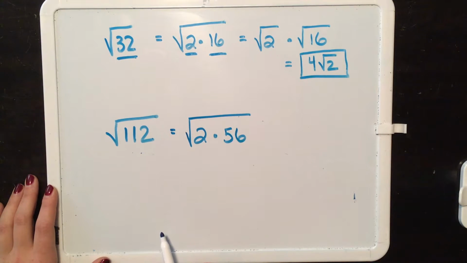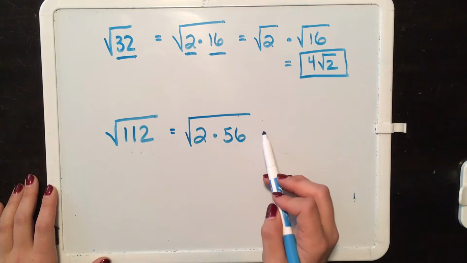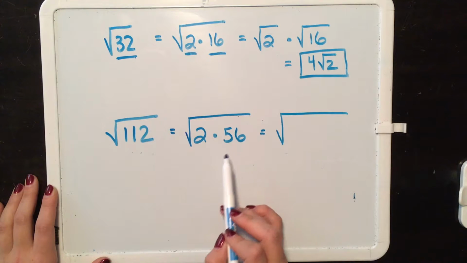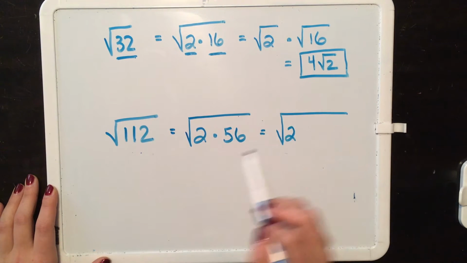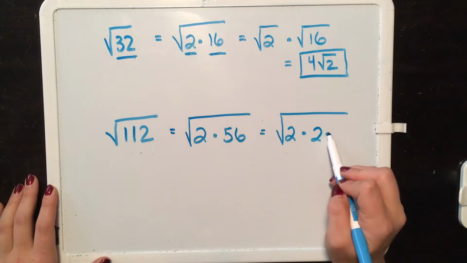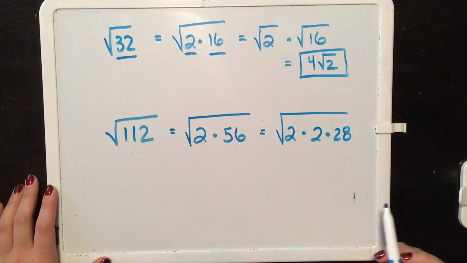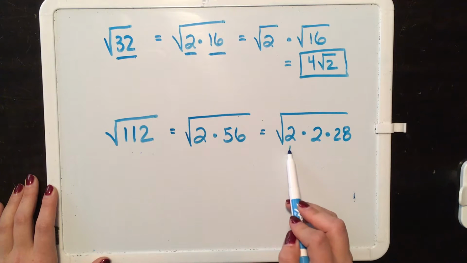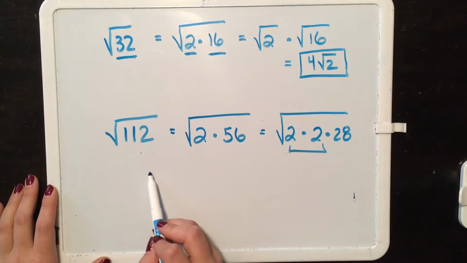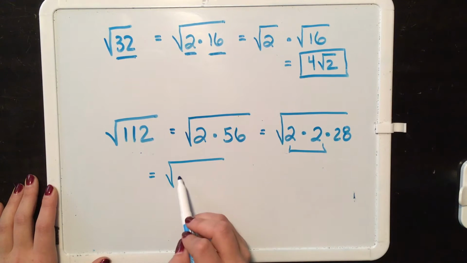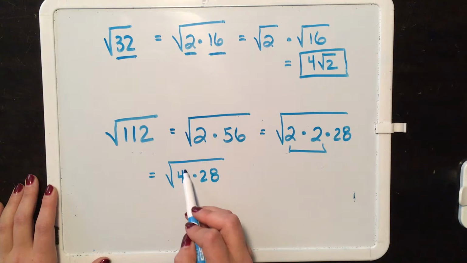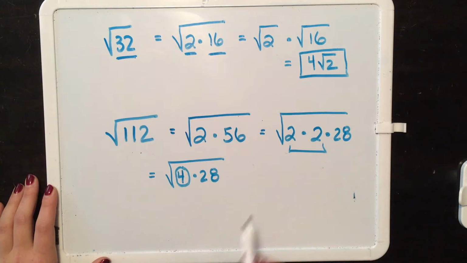Neither of these are perfect squares, so that doesn't really help, but we can break up the 56 again by 2, so we leave the 2 from before, and then 56 breaks down into 2 times 28. Now, 2 times 2 is now underneath the square root, so this can be rewritten as the square root of 4 times 28. And look, we have a perfect square.